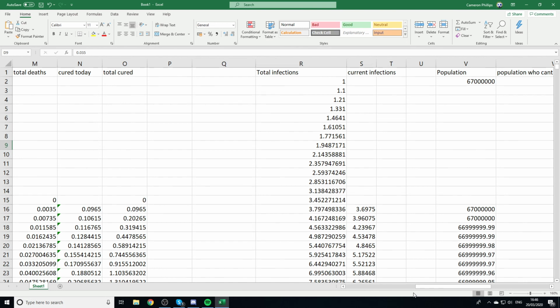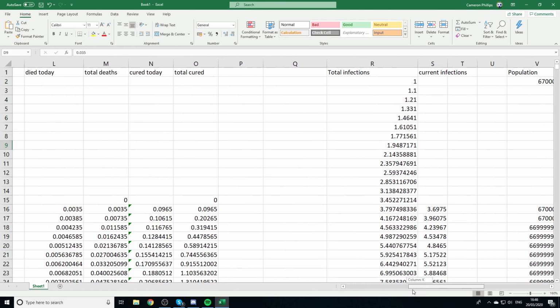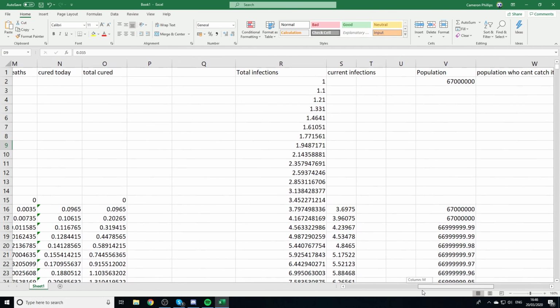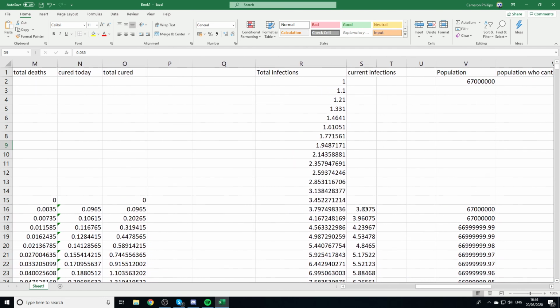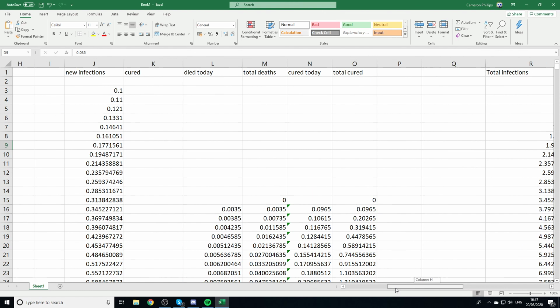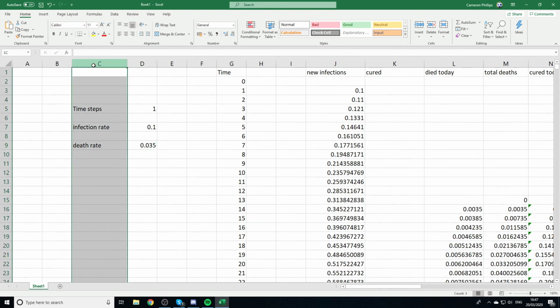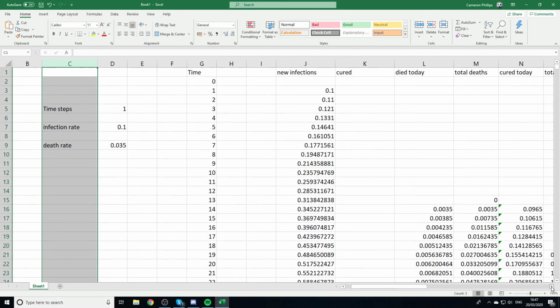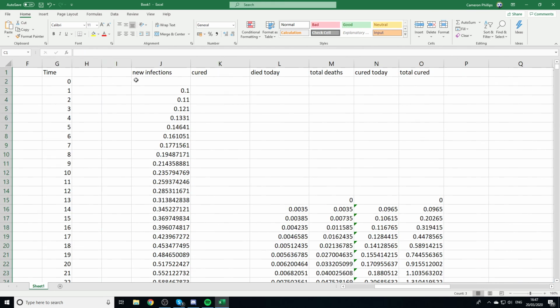The current infections is really quite important, because it gives you an idea of how many people need to be treated. So let's plot it against time. So we'll go time, and we'll go, where's current infections?